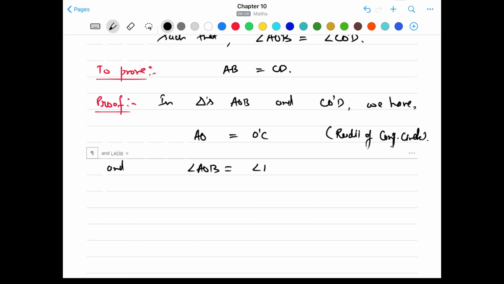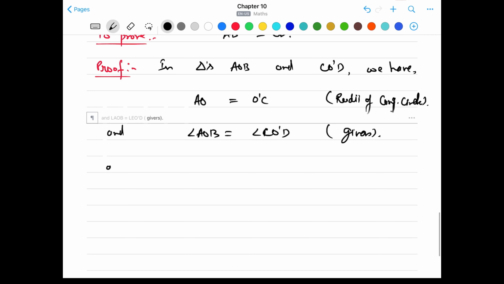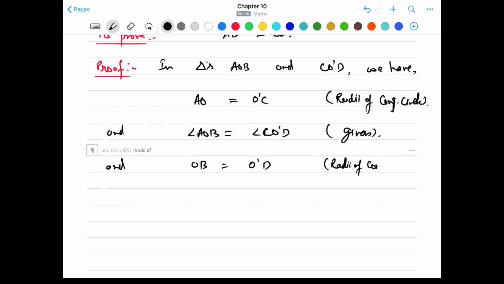Angle AOB is given equal to angle CO'D. This is given in the statement of the theorem. And we have OB equal to O'D, again the reason is the same, radii of congruent circles.